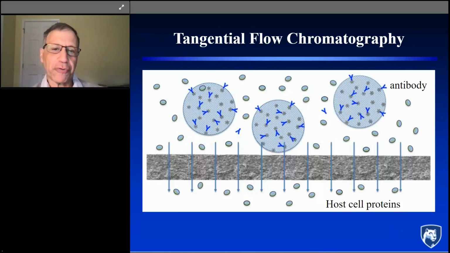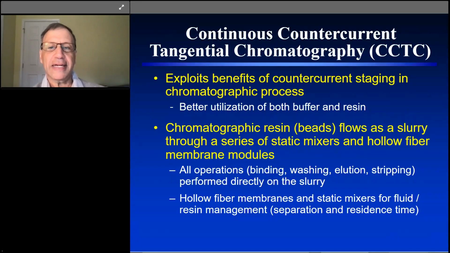It could be filtered through the membrane, and we would recover the purified and eluted antibody product in the permeate, while the resin particles are retained by the membrane and recycled back in the system.